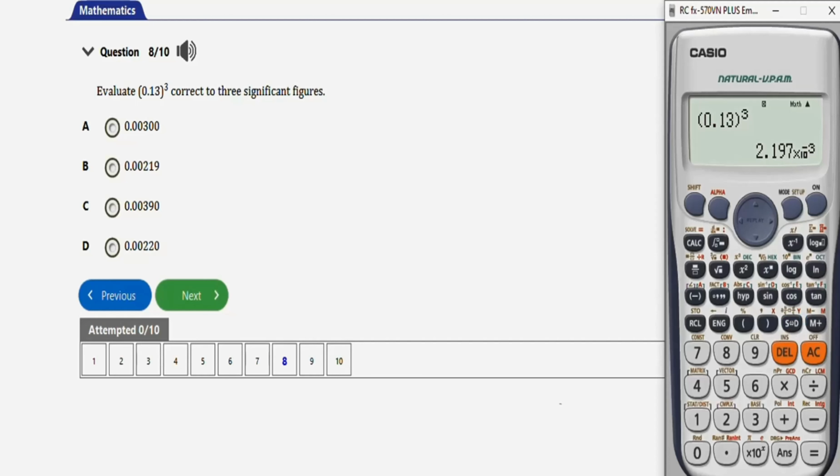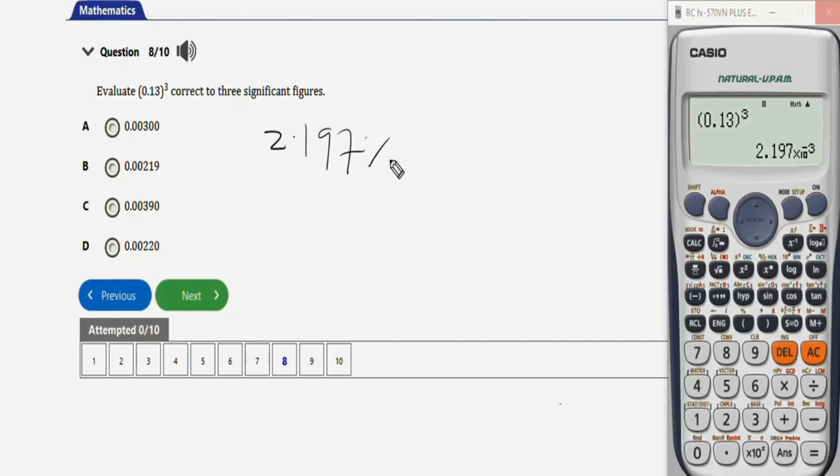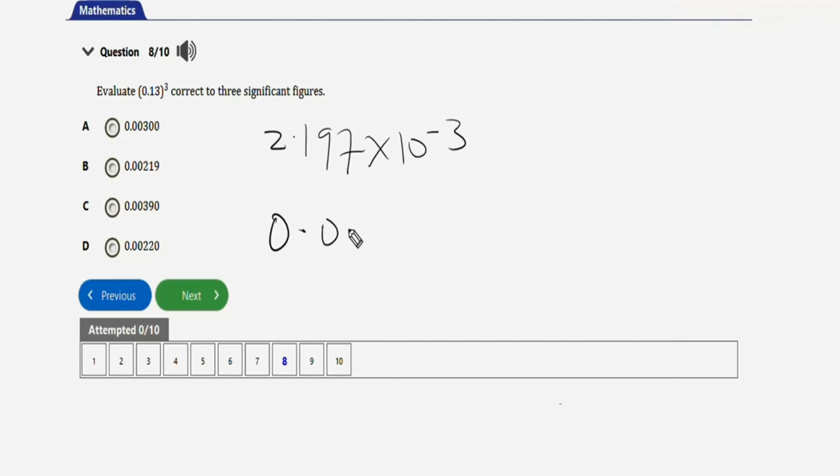Let me show you another way you can represent this. We have the output to be 2.197 times 10 to the power negative 3. So guys, this is the same thing as 0.002197.